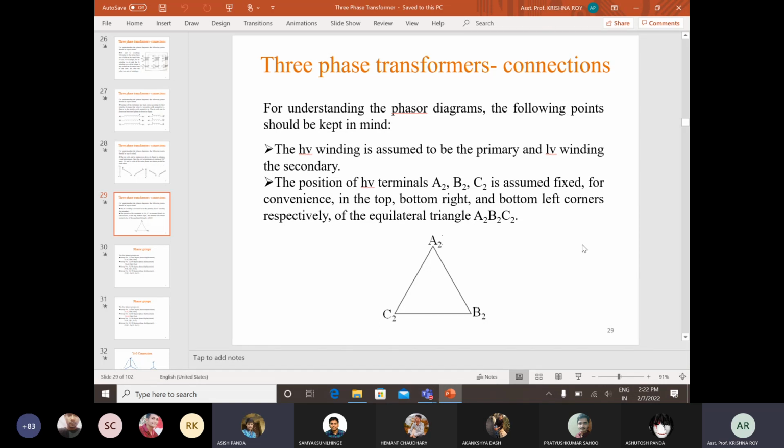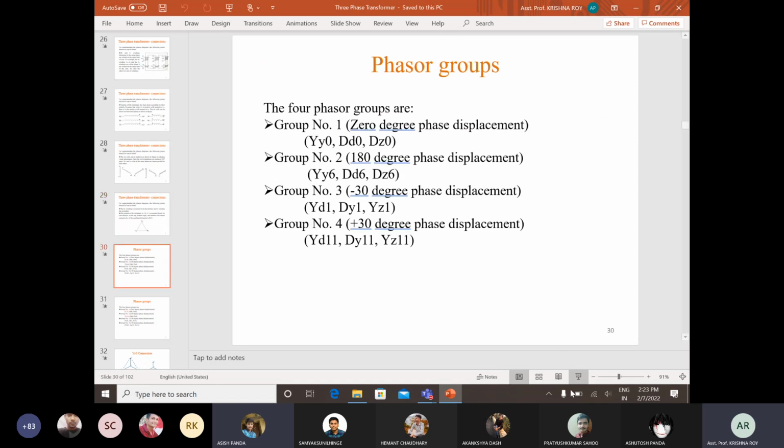And the instantaneous polarities will be the same for all the windings. That means if at any instant of time capital A2 terminal of high voltage side winding is positive, then small a2 terminal will be positive for the low voltage side winding, and so on. Okay, so these conditions are required to be followed to draw the phasor groups of three-phase transformers.